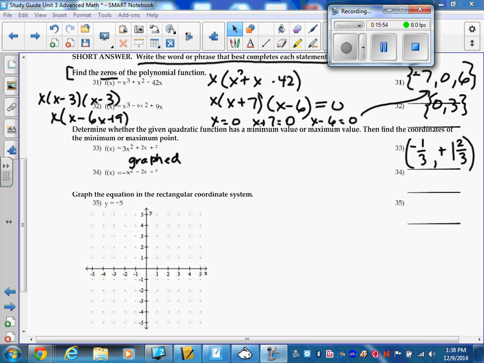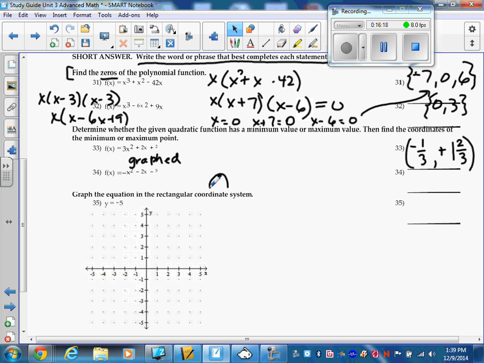So let's graph 34. You can see from this one, and this is a little bit more about what I was speaking of earlier. This is a negative coefficient. So this one is going to go like this, because it's an even function. It's going to start down and end down. So you should be able to see from looking at this graph that it's going to have a maximum, but no minimum.